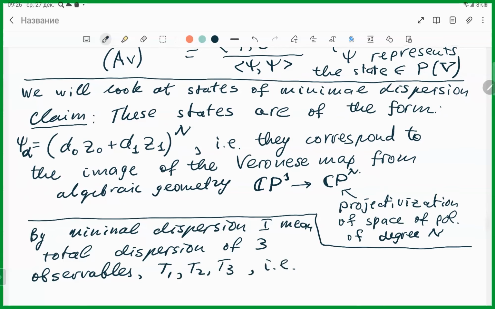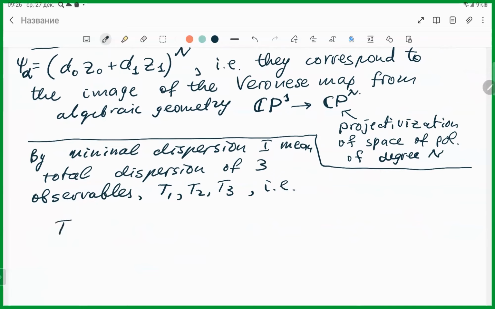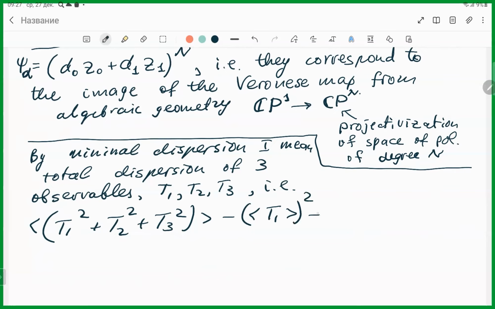It means I am interested in the study of the average of T1 square plus T2 square plus T3 square minus the average of T1 squared minus the average of T2 squared minus the average of T3 squared.